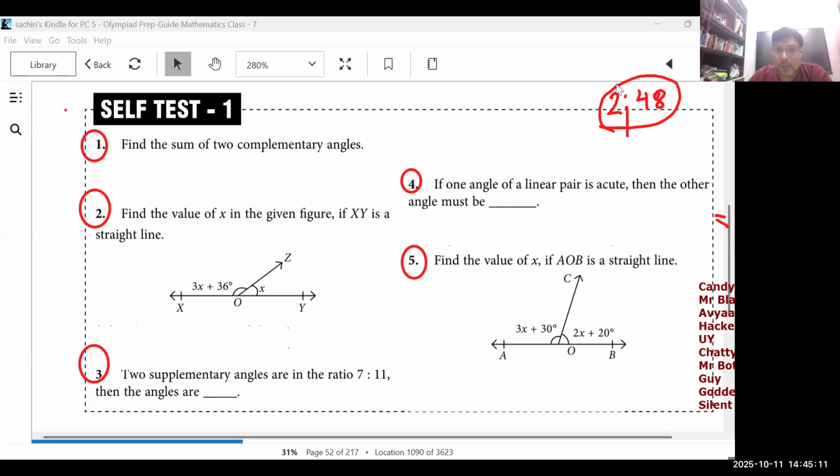Ara, why are you looking in such an angry mood today? So it says find the value of x in the given figure if x and y is a straight line. So does that make you angry? No, it just makes me confused. So then I'd give this. Do an anger management workshop also in case we need help. So I've gone that a million times. This would be more effective.